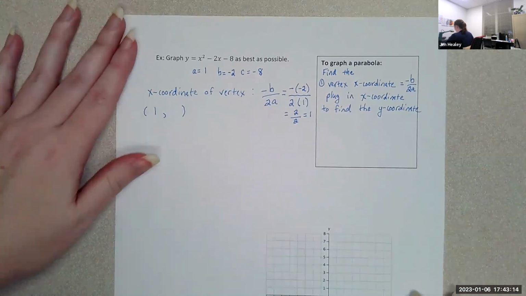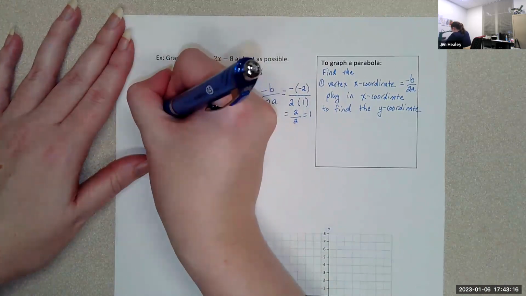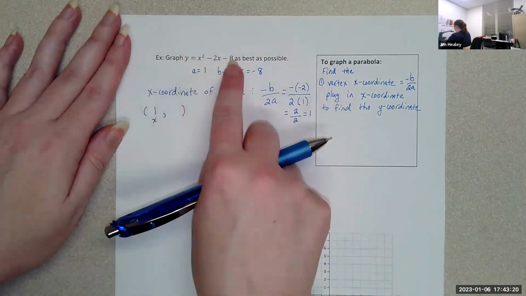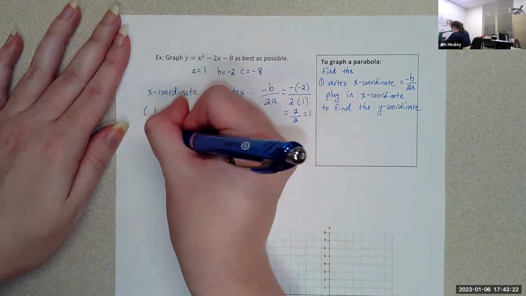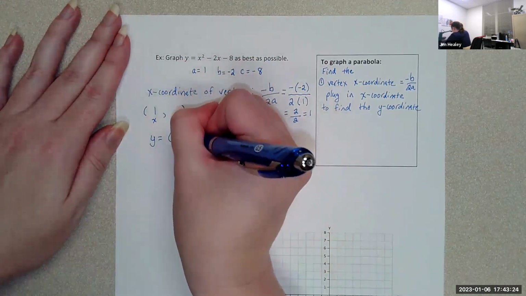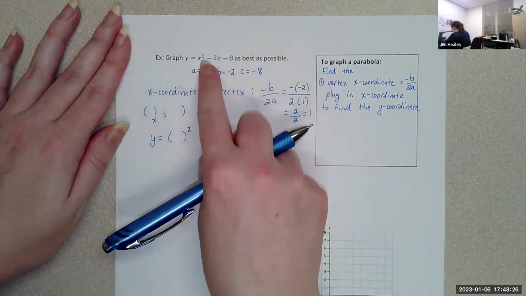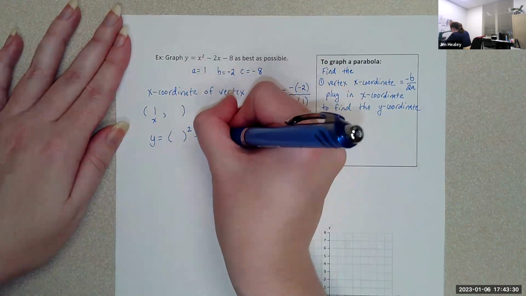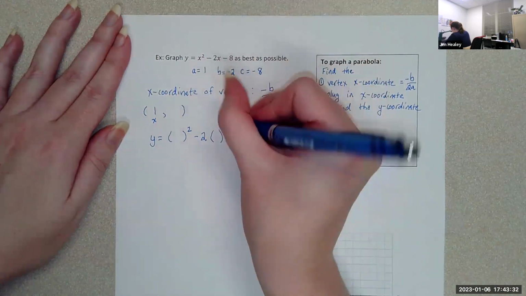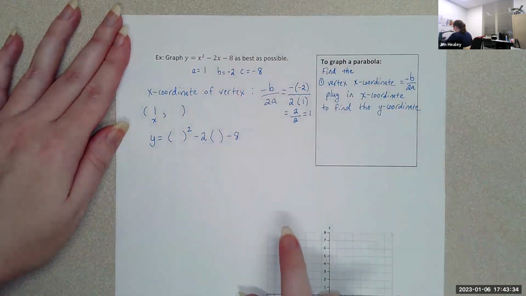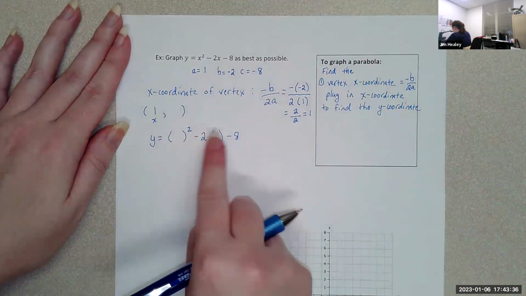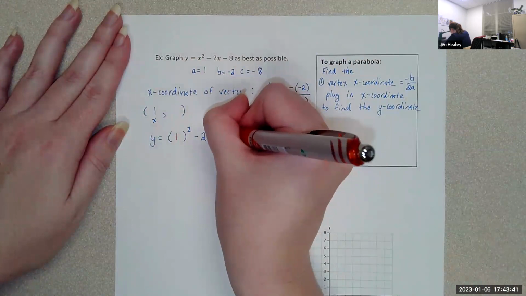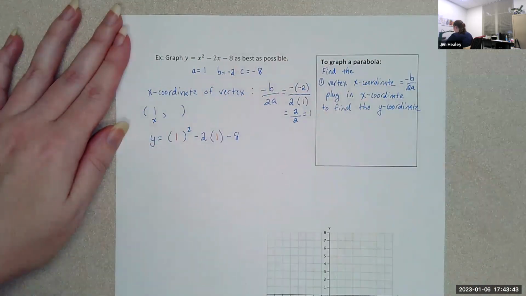Okay, so my x coordinate, I'll go ahead and label that x, is 1. So in our equation, we have y is equal to x squared minus 2 times our x value minus 8. And so I'm going to plug in this 1 right here and right here. And that's going to tell us what pops out for the y value.